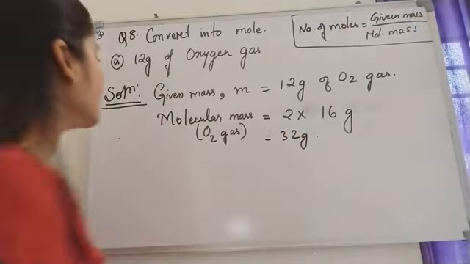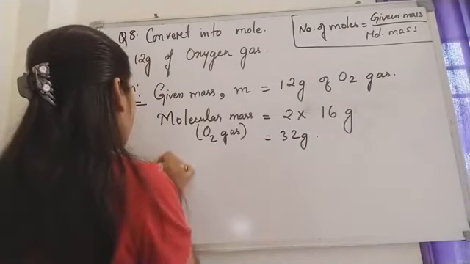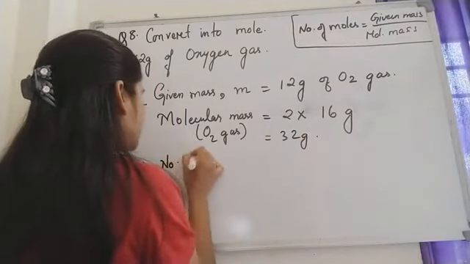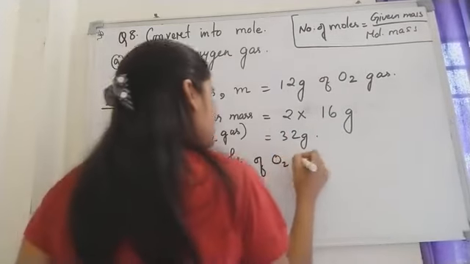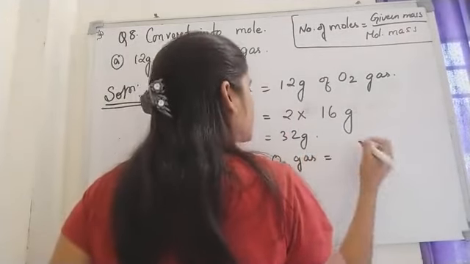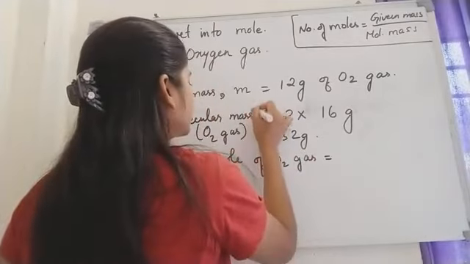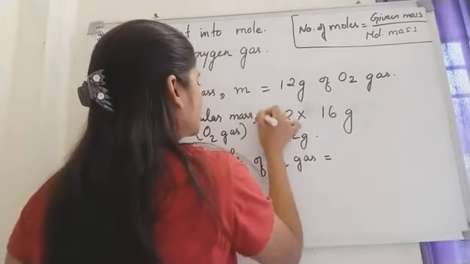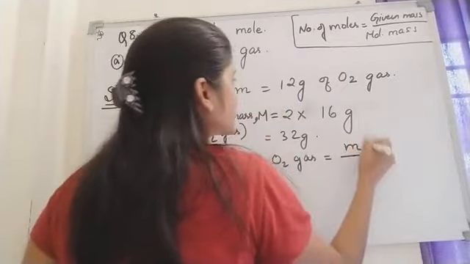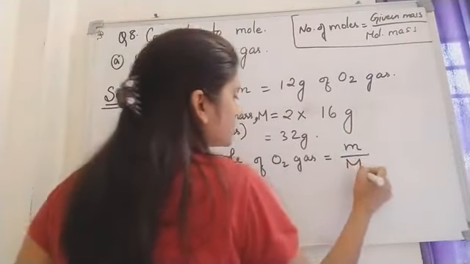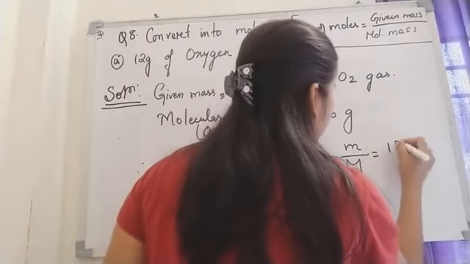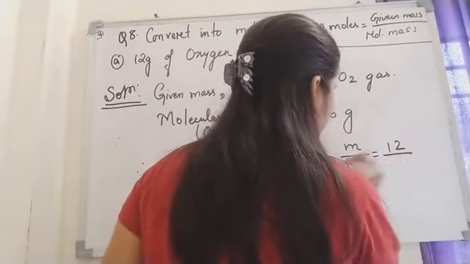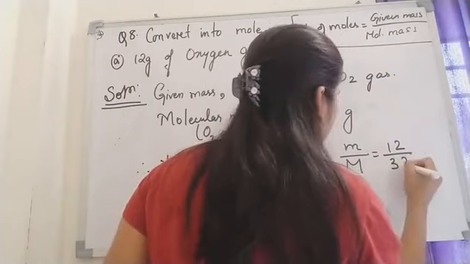Now we have to convert it to moles. So the number of moles of oxygen gas is equal to, let this one be capital M, so instead of writing the whole wording, I will just write given mass divided by molecular mass. The given mass is 12 and the molecular mass is 32.